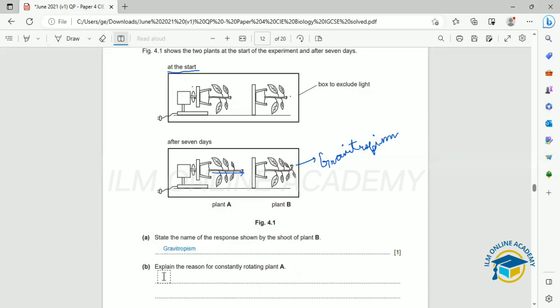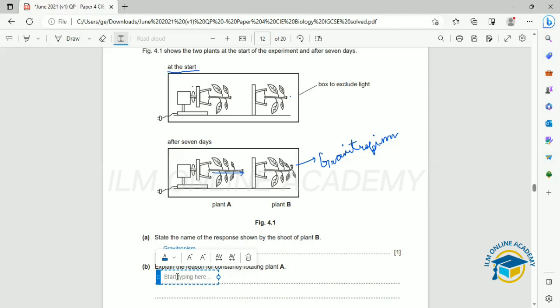Then explain the reason for constantly rotating plant A. Above, they have told us that plant A is attached to the clinostat. What does the clinostat do? The effect of gravity on a plant can be demonstrated using this clinostat.